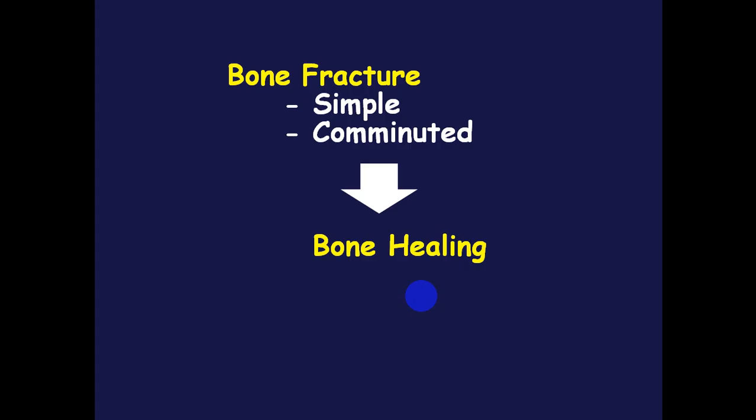However, morphologically, bone fractures are categorized into two main findings: simple fractures and comminuted fractures. Simple fractures means the bone only breaks into two pieces. However, comminuted means the fracture makes the bone shatter into small pieces. So for comminuted fractures, the healing will be slower than the simple one.